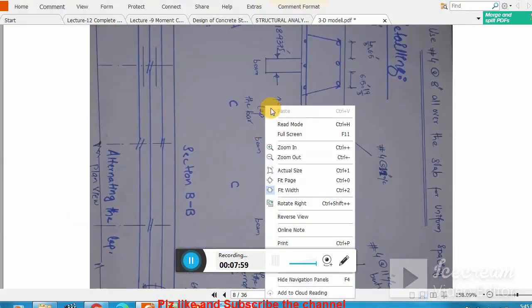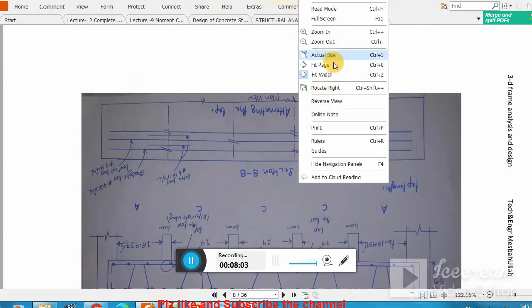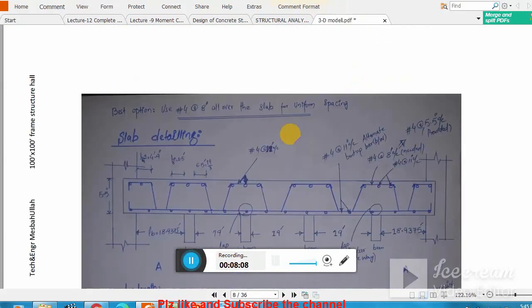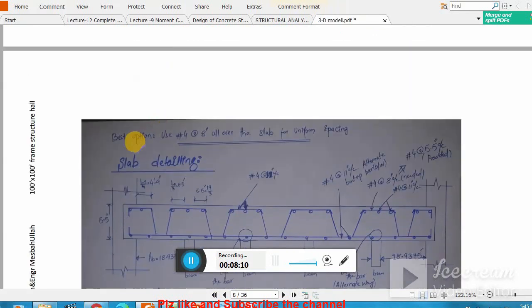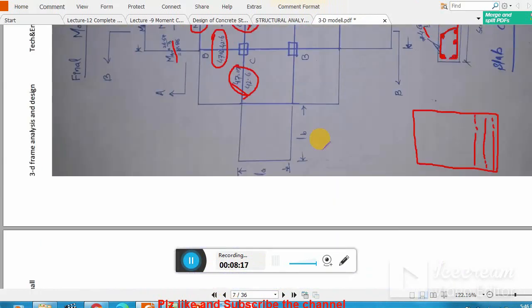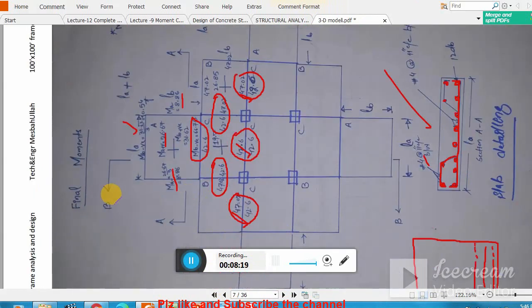Now here I draw the complete section. Here you see slab detailing. I cut the section, and here you see the whole panel is now cut up, and this is the sectional view.